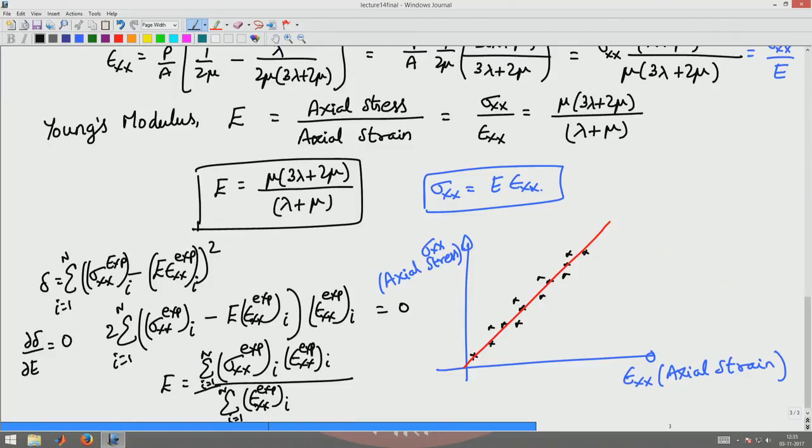Okay. So, basically I take a product of all the stress quantities that I obtained with the corresponding strain quantities and divide by the square of the strain quantities that I obtained to get the Young's modulus value. Okay. Once I get this Young's modulus value, the line will pass through the origin, that is a constraint that we have.